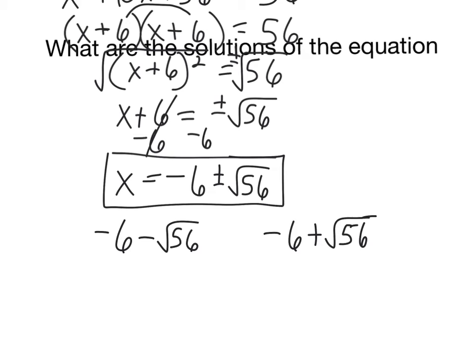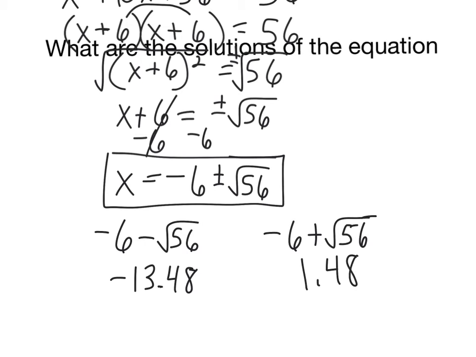So the first one here, if you type that in, work that out, you can actually type it all at once in your calculator. -6 minus square root of 56, and that's nearest hundredth would be -13 and 48 hundredths. And then what you can do, you can do second equals, and it'll retype what you had typed in before, and you can just arrow over to the subtraction and make it addition, or you can just retype it.